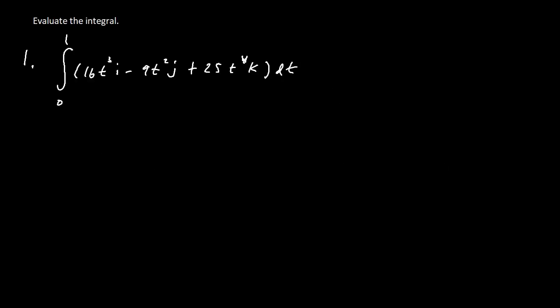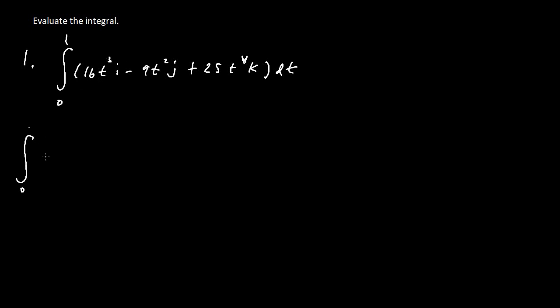So for number 1, let's go ahead and evaluate the integral from 0 to 1 of 16t to the third power i minus 9t squared j plus 25t to the fourth k dt. So once again, when we take the integral of a vector function, we must take the integral of each individual component. So let's go ahead and start with taking the integral of 16t cubed.